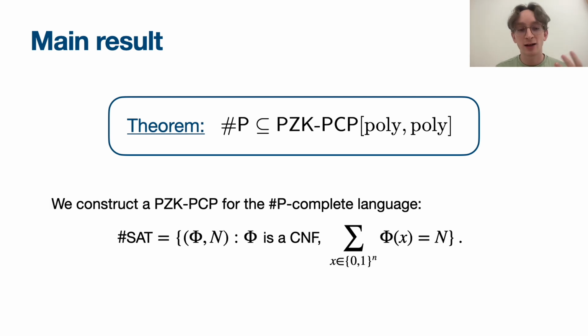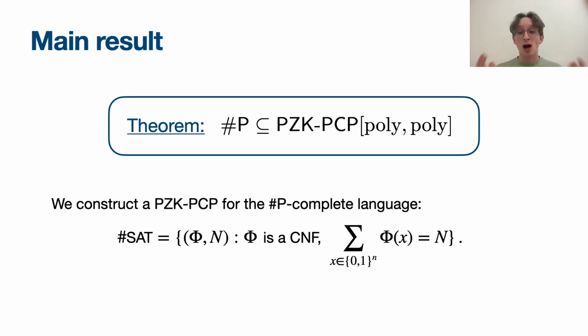At a really high level, we construct a perfect zero-knowledge PCP for a decision variant of #SAT. Rather than a function problem, you think about it as a decision problem: you have a CNF and a natural number pair, and if the natural number is the number of satisfying assignments of that CNF, then it's in the language, otherwise it's not. We construct a PCP for this language.